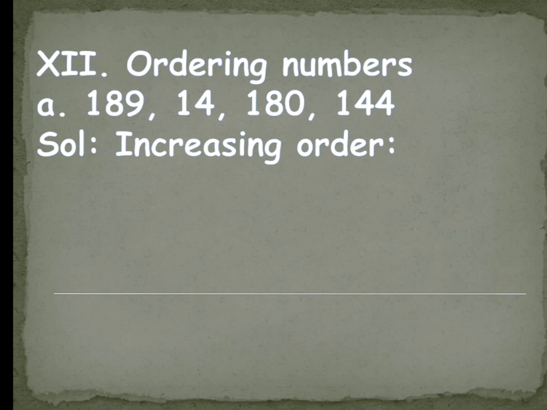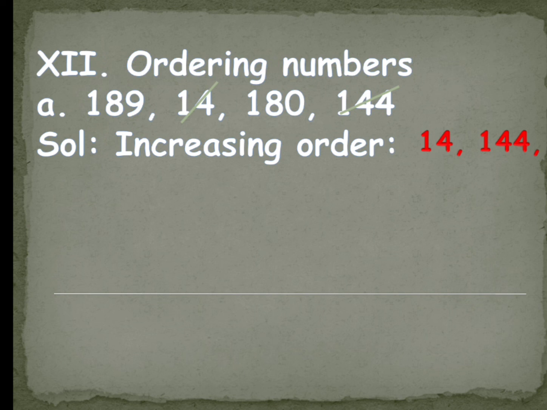Increasing order is from small numbers to big numbers. So first you will write 14, then cross it off. Which is the smallest among 189, 180 and 144? 144 is the smaller number, so you'll write 144 and strike it off.